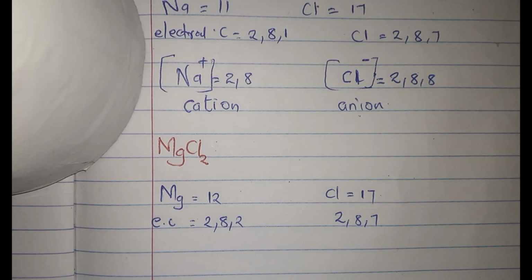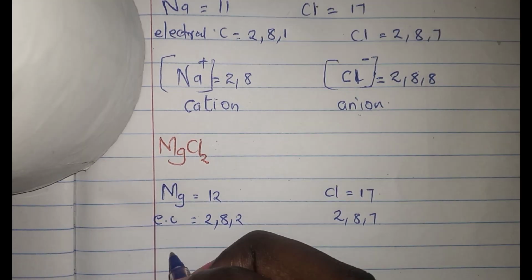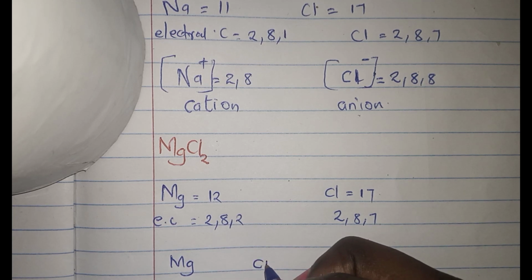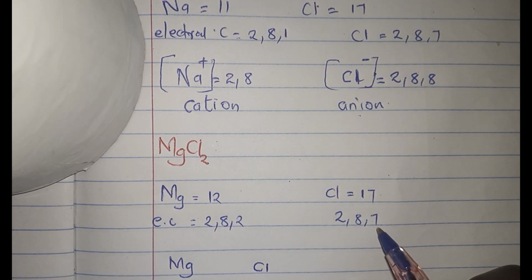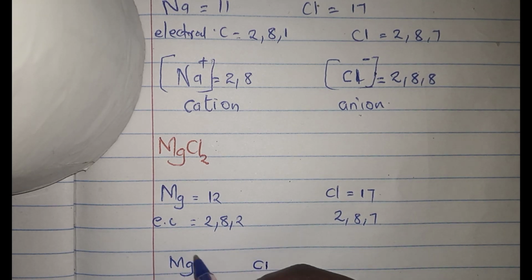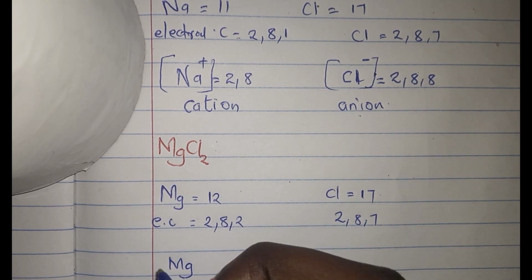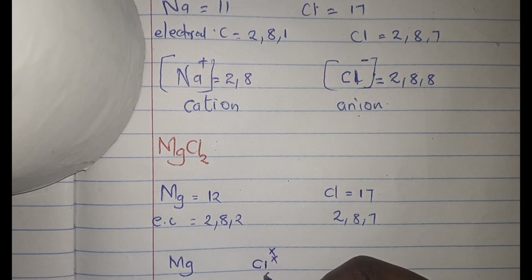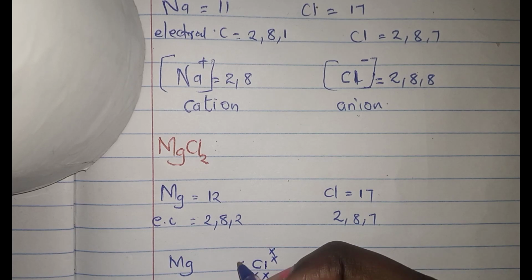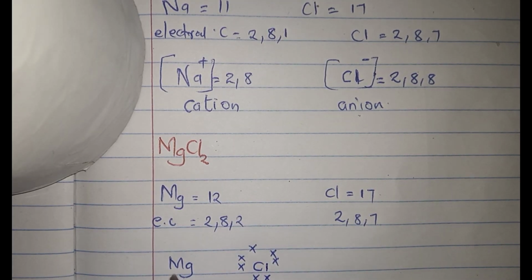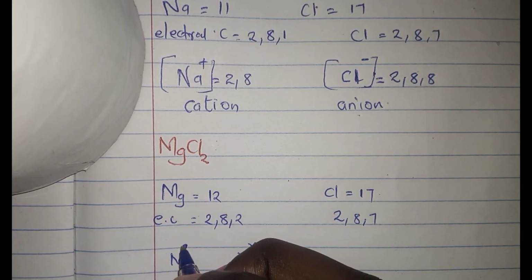So here is magnesium, and here is chlorine. Chlorine has 7 on the outermost energy level, and magnesium has 2 on the outer shell. So these 2 have to be donated. So this is 1, 2, 3, 4, 5, 6, 7. This is now for chlorine. And remember, magnesium has 2.